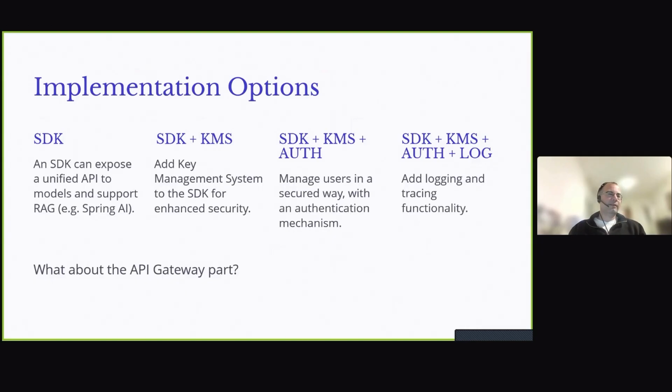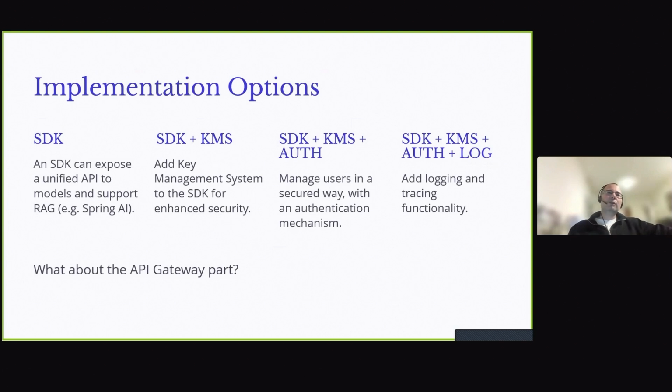We'll see one in a few minutes, but there are a few libraries that help you access AI models and expose unified APIs and can help you with the RAG process. I'll talk a little bit about Spring AI in a sec. But an SDK is usually not enough because it lacks some other features that you need, especially around security.